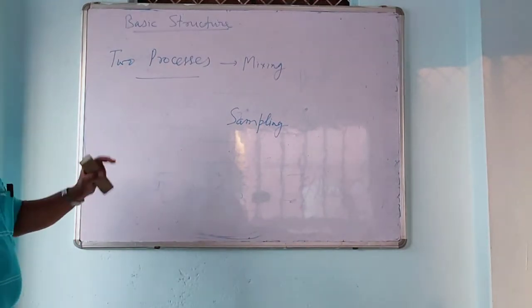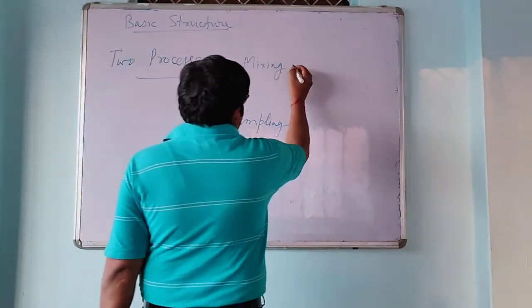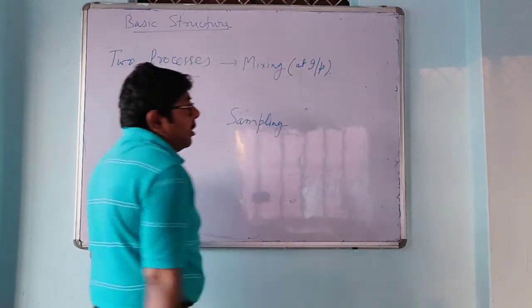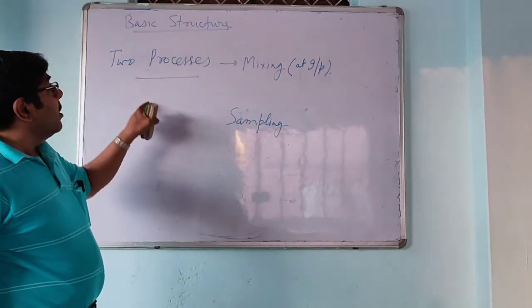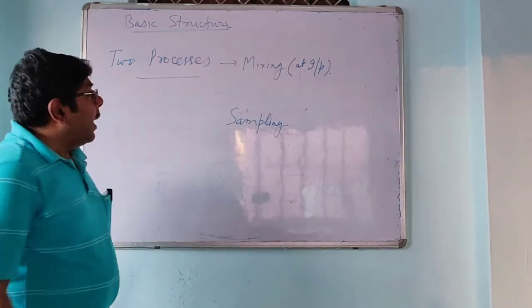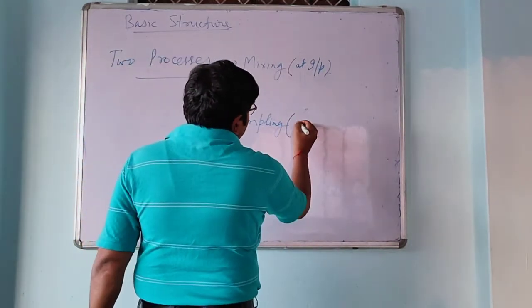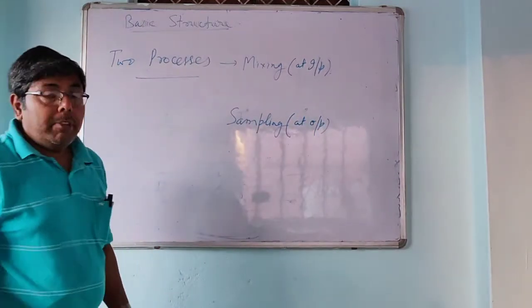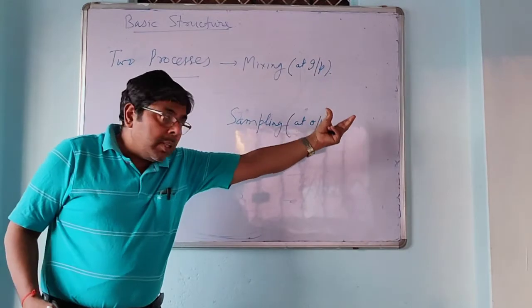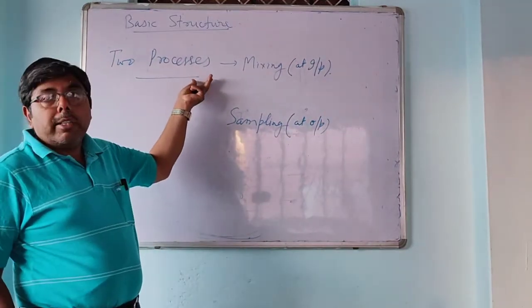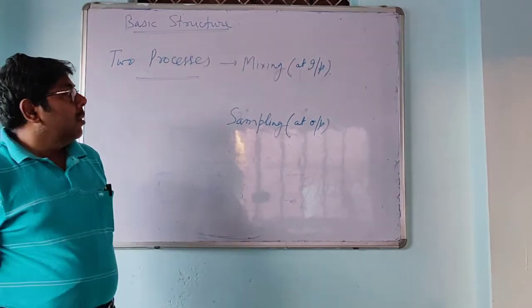Two basic processes. Mixing, this is add input. This process is performed at the input, and this process of sampling at output. We will take a sample from the output, and through the feedback network we will mix that quantity at the input.